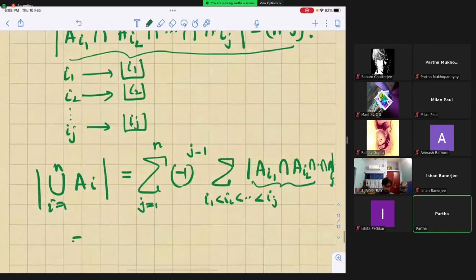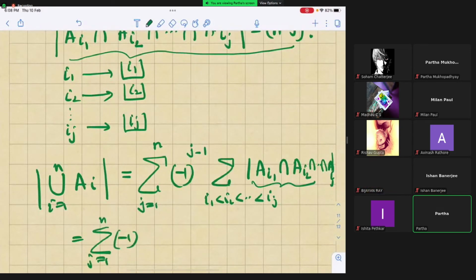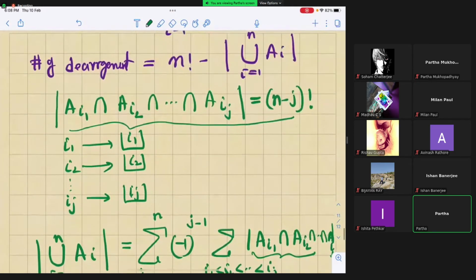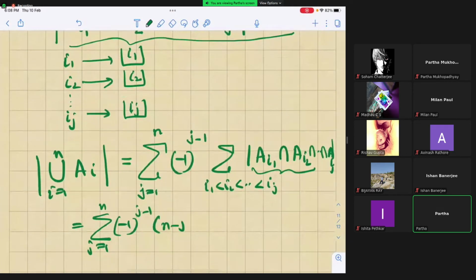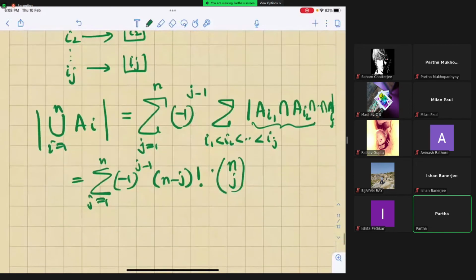So this number is the sum for j equal to 1 to n of (-1)^(j-1) times (n minus j) factorial. Then I have to choose all possible j, so this is n choose j ways. I have to choose a collection of j's. So this is the bad number that I have.